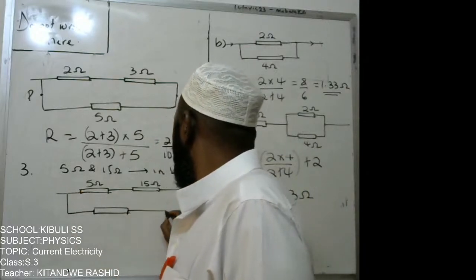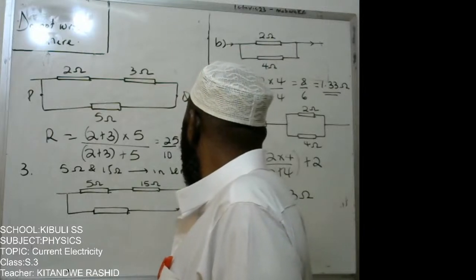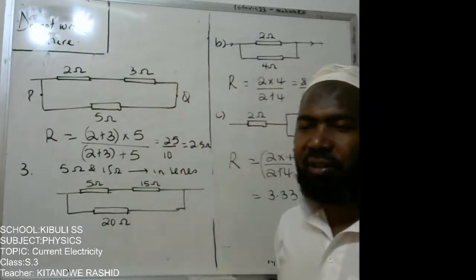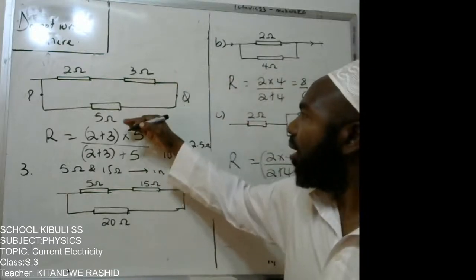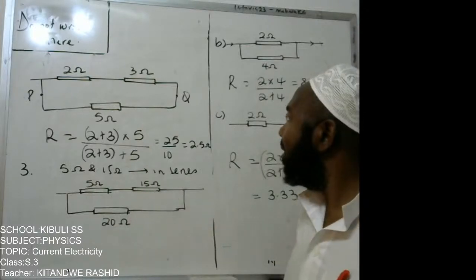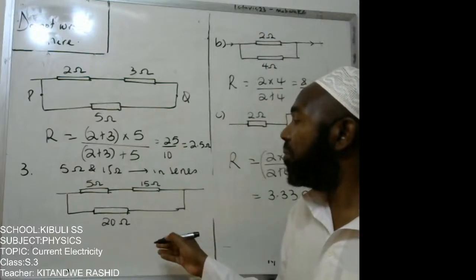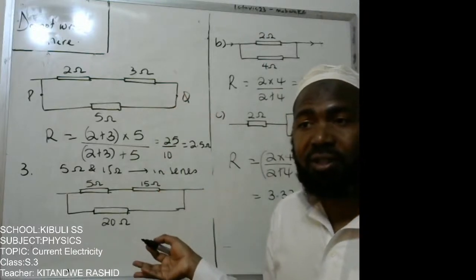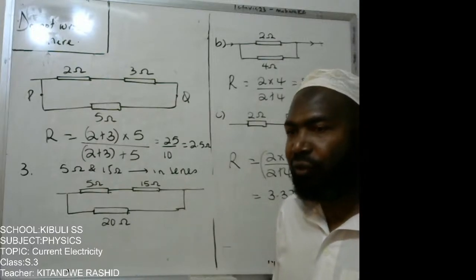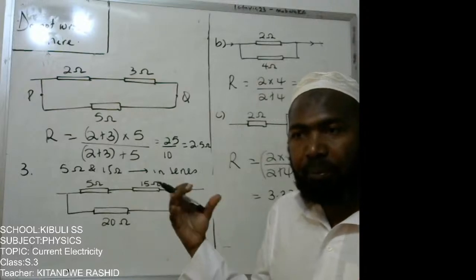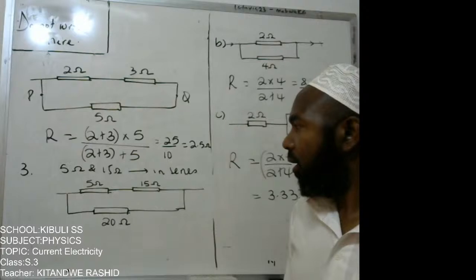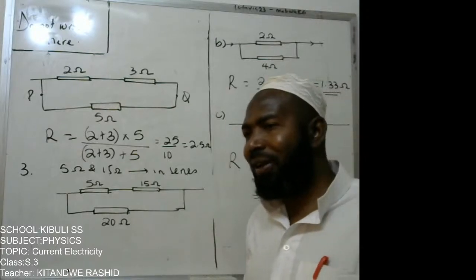Do you see a big difference between the previous number and this number? They're the same. Okay, the values are different, but the structure of the question is the same. Only that this time around they gave it in words, not in a diagram. So you interpret and make your own diagram, and then you substitute. This time around, let me make a simpler one.